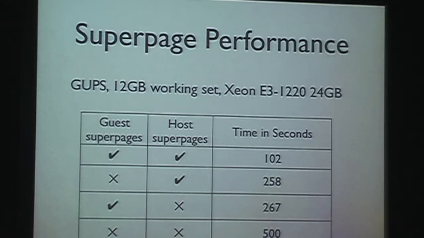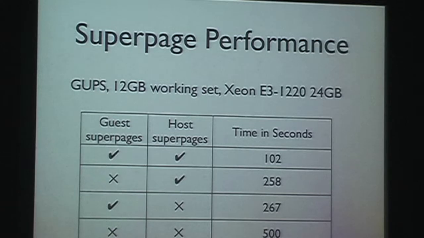When they were both turned off, the benchmark took 500 seconds to complete. With both turned on, of course, it's vastly better because the table walks just shrink to be super pages on both sides. The middle ones are sort of interesting, and I'm not sure that we can really explain them. They should be more asymmetric than what they are.